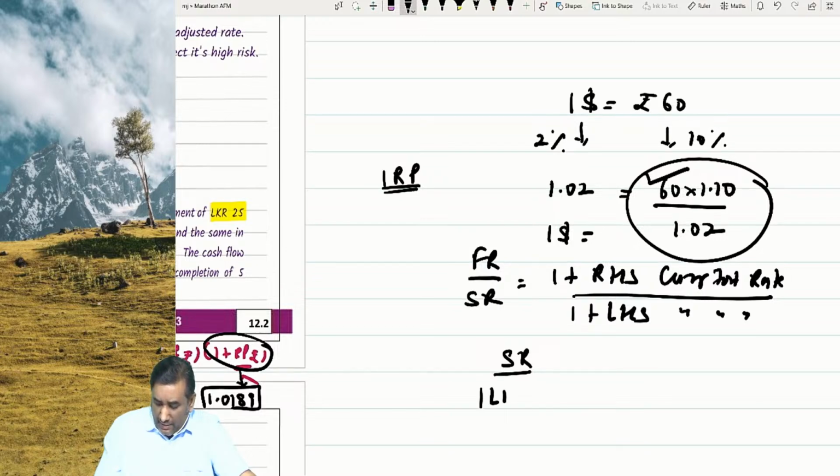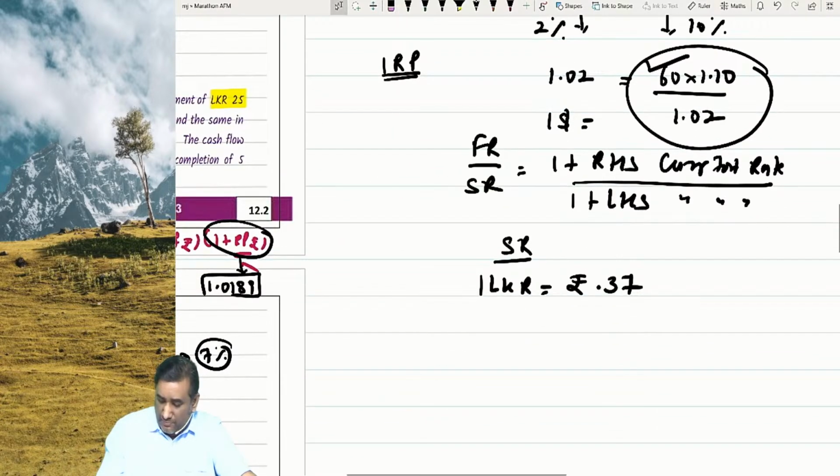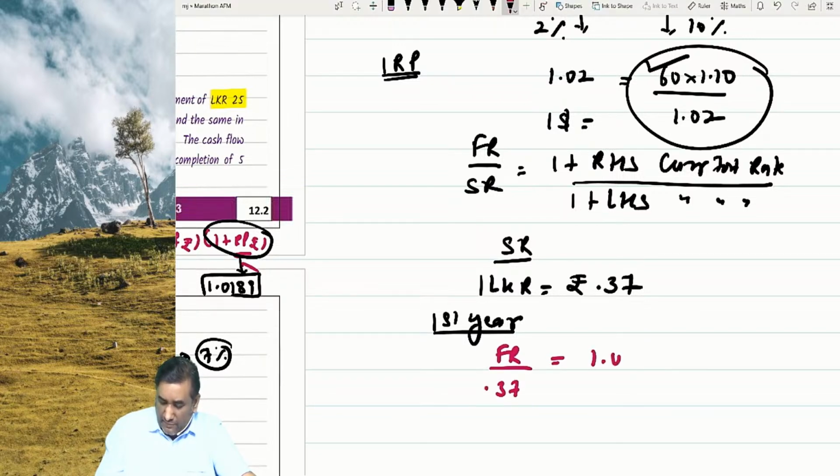1 LKR is equal to rupee what? 0.37. So let's do the first year. This is helping us in a recap of forex also. First year, I have to calculate the forward rate, which would be equal to spot rate 0.373, risk free was 1.06, 1.05, is it 2 or 0.2? 0.2.